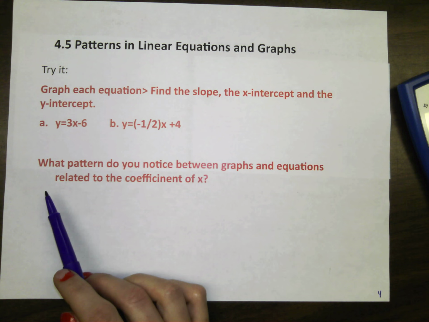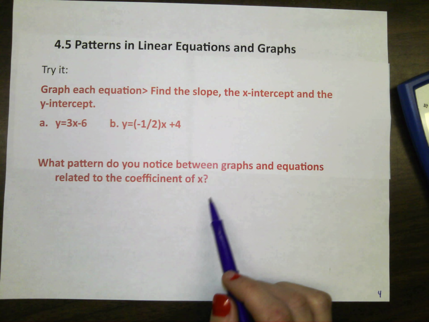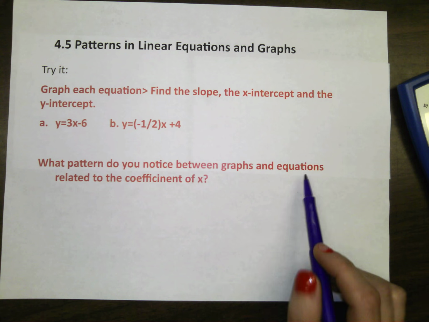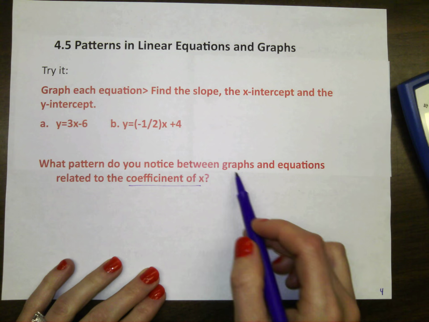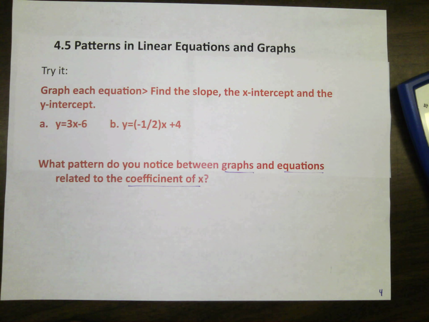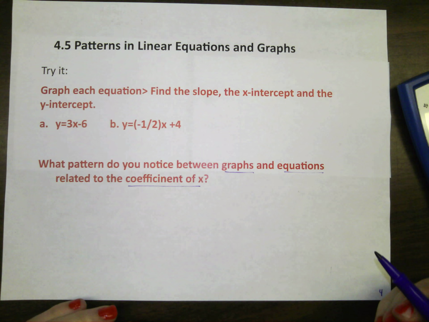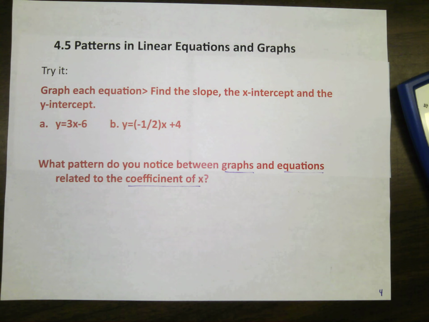And then I also want you to do a little reflection question and answer, what pattern do you notice between graphs and equations related to the coefficient of x? But you can also relate it to other things. What patterns are you seeing? Look for when things are positive and negative, or positive and negative slopes. See where that comes from. So that's all for this lesson, and that ends our chapter 4.